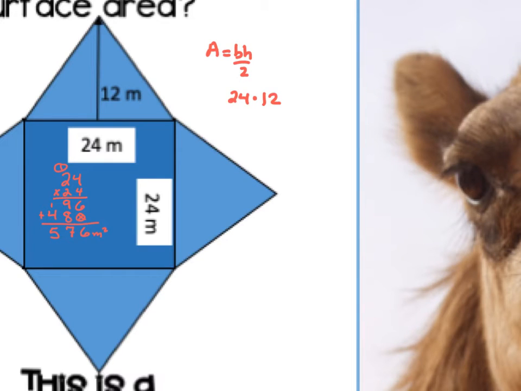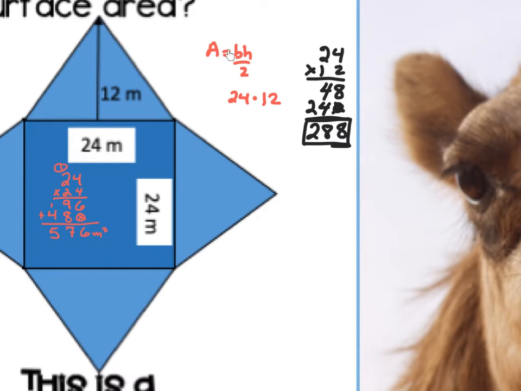So let's go ahead and get black here, and I'll go 24 times 12 and multiply. 2 times 4 is 8, and 2 times 2 is 4. Drop your 0, put an X in it, and then 1 times 4 is 4. And 1 times 2 is going to give you 2. And then when you add it, you get 8 and 8 and 2. And right there is your answer for multiplying them.